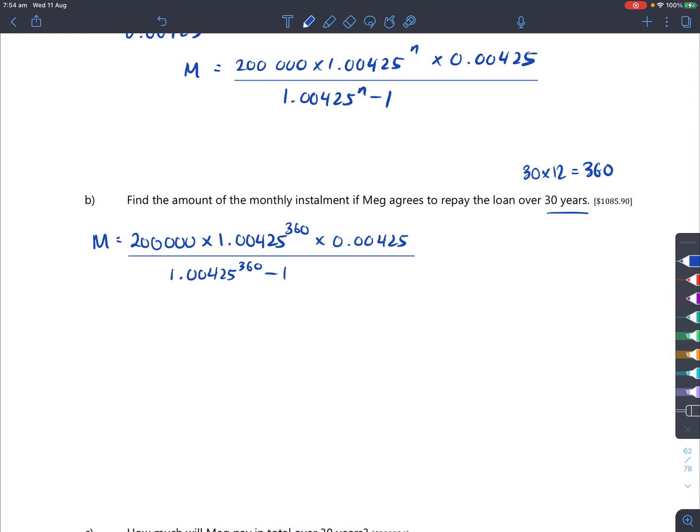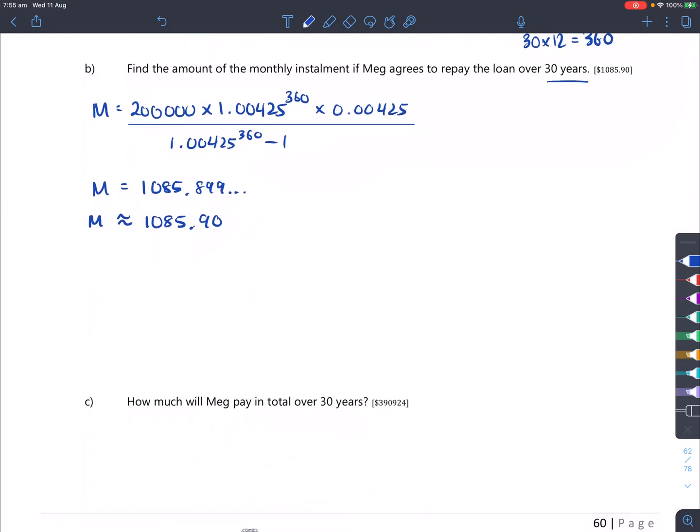Okay, like that. So that m would equal 1085.899..., but m will be, roughly speaking, 1,085.90.